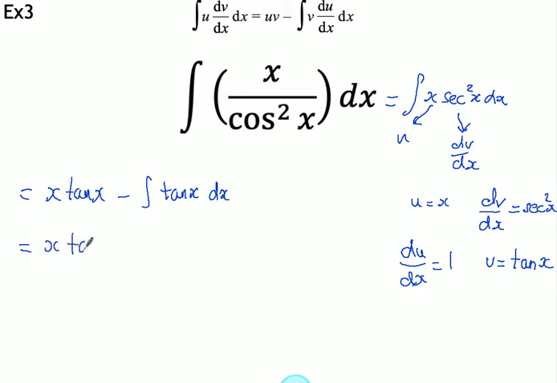So integral of tan, I'm not sure what that is, but it is in the formula book, and then add our constant. Now of course we could have turned this into sine over cosine and then used the reverse chain rule or substitution or something like that, or just look in the formula book.